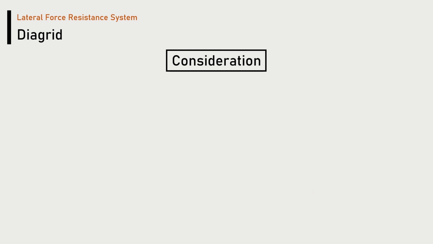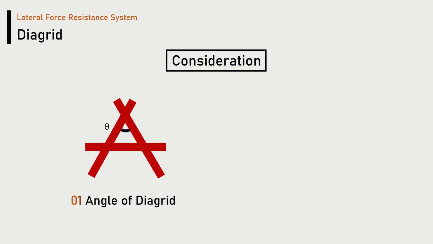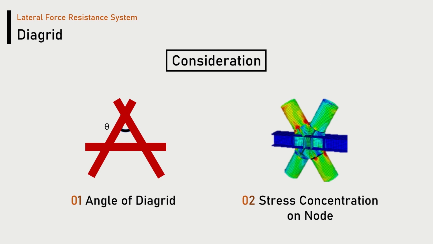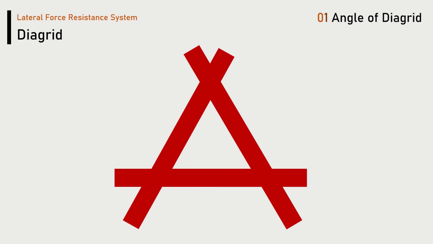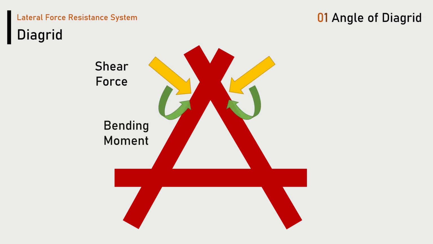However, this diagrid also has considerations while designing. It can be divided into two considerations. The first is the angle of the diagrid, and the second is the stress concentration of a specific member of the diagrid. First, let's take a look at the consideration for the angle of the diagrid. Members that are arranged diagonally receive their respective shear force and bending moment.